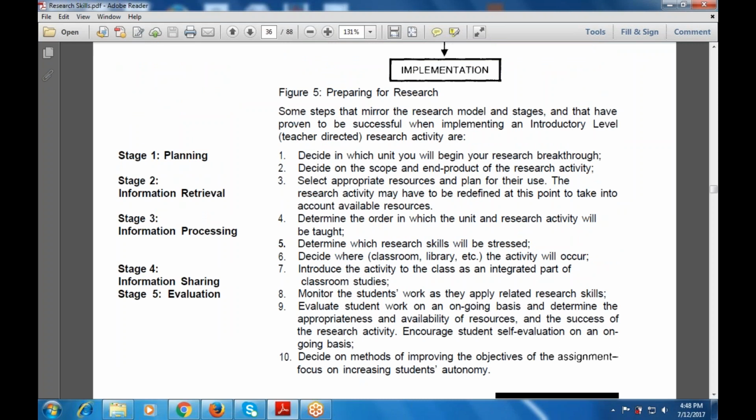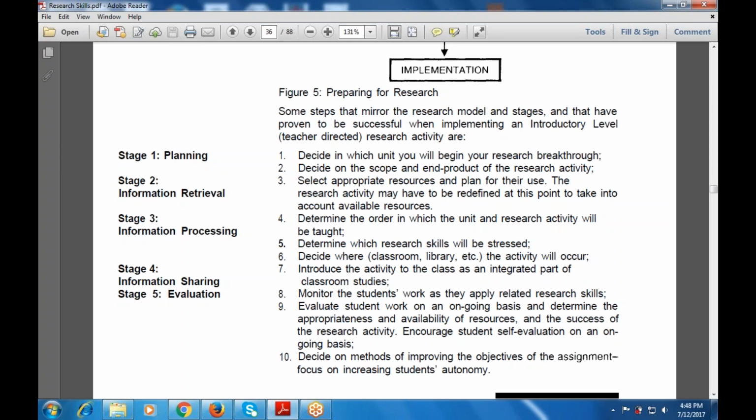So the stages are planning, information retrieval, processing, sharing, and evaluation. Planning is used to begin your research and decides on the scope and the end product of the research activities.